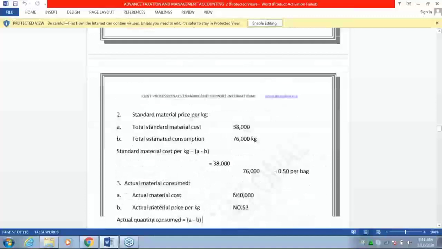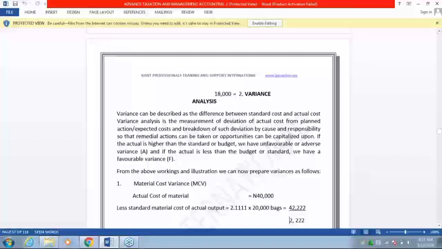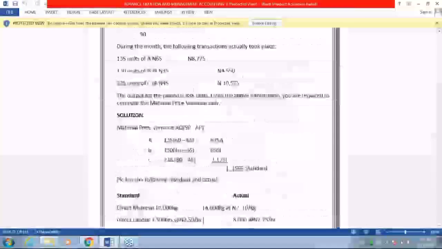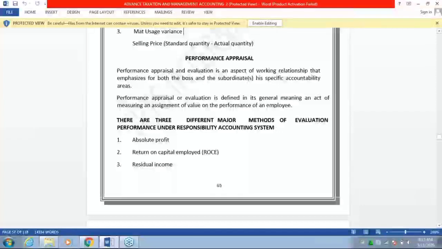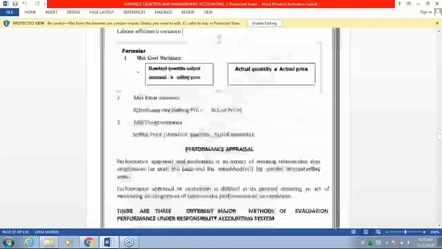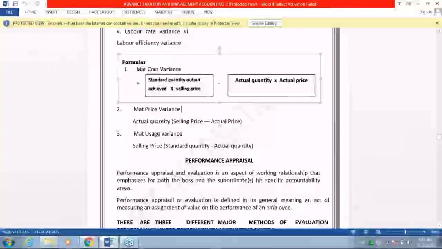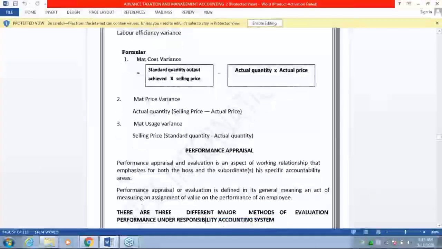So that is that. Then let us quickly move on to performance appraisal. Performance appraisal comes as a result of standard costing. It is an evaluation of the aspect of the working relationship that emphasizes specific accountability areas for both the boss and subordinate.